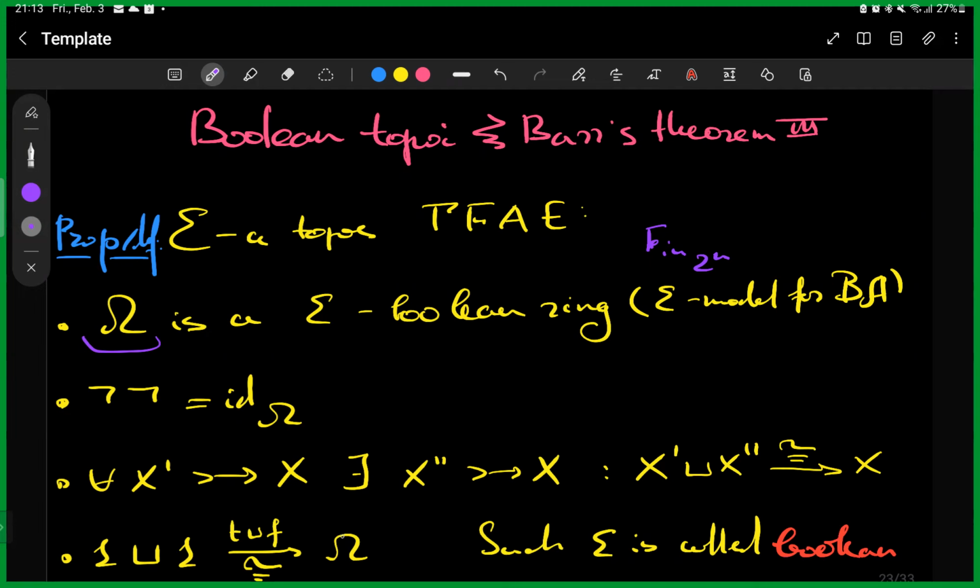So in sets, we have this description of the subobject classifier. And in an arbitrary Boolean topos, we also have this description. And in a sense, Boolean topoi are discrete. As you can see, any object splits into a subobject and its complement.